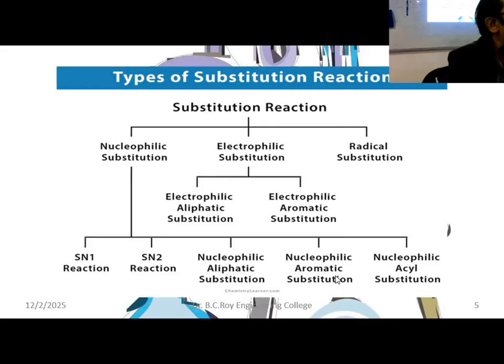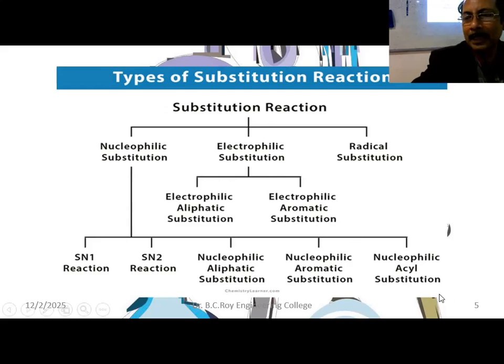Immediately the reaction will proceed and you will find the Cl is replaced by OH. That is called picric acid, but it is very toxic, not to touch by hand. This is the example of nucleophilic aromatic substitution: OH minus goes in and Cl minus goes out.